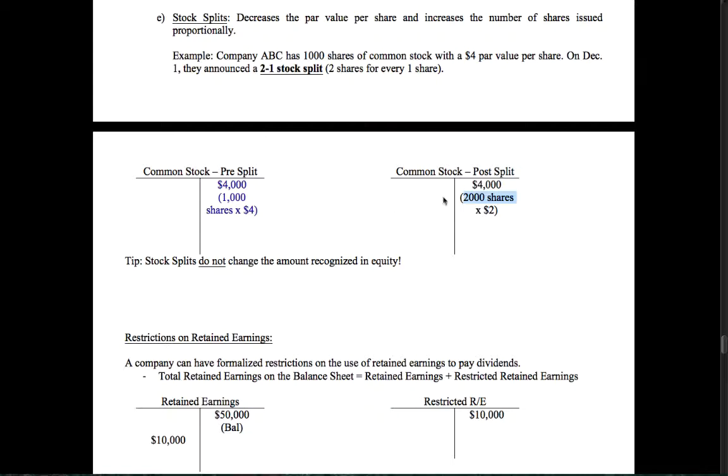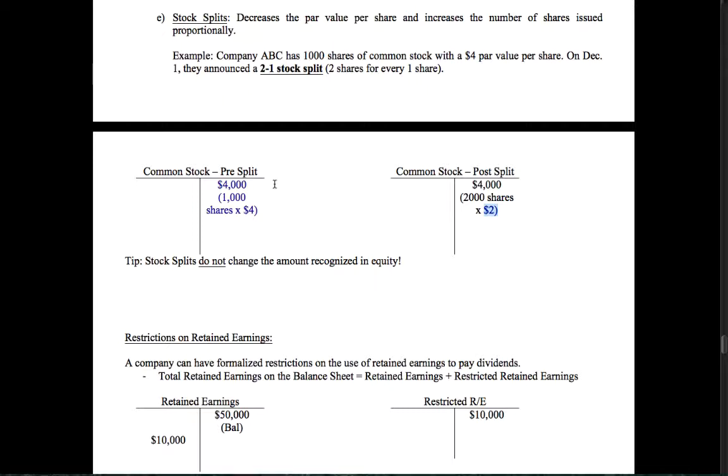But as we increase the number of shares, we have to decrease the par value per share. So we started at $4 par value when it was 1,000 shares, but now that it's 2,000 shares, or doubled, we need to decrease in half the par value down to $2 per share.